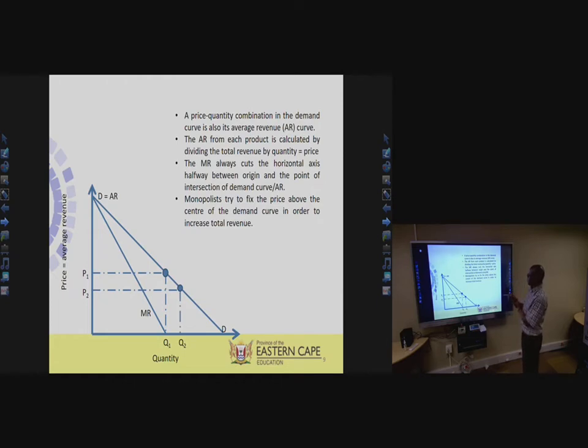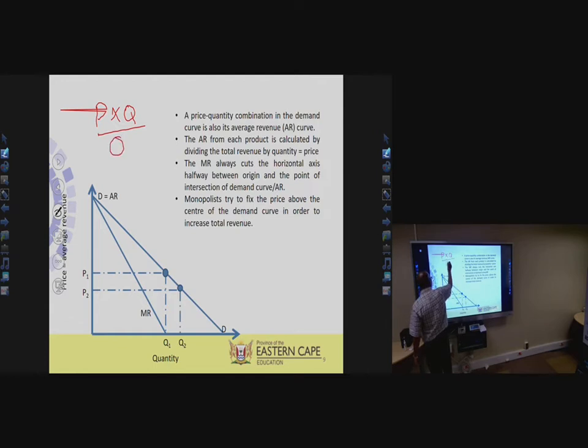The AR from each product is calculated by dividing the total revenue by quantity. That is, your total revenue is price times quantity. You divide that by the quantity, cancel the other quantity, and then you are left with price. Therefore, this is equal to price.